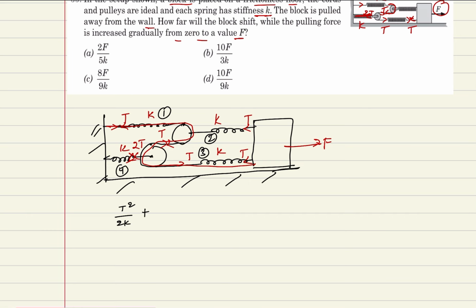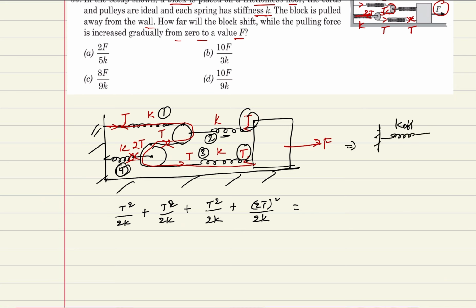T square divided by 2K plus second spring, T square divided by 2K plus third spring, T square divided by 2K plus fourth spring, 2T whole square divided by 2K is equal to the net force acting on the block. I am making this into a single spring having K effective.